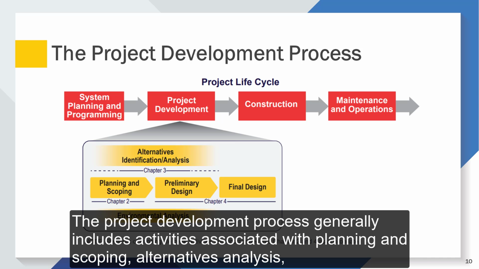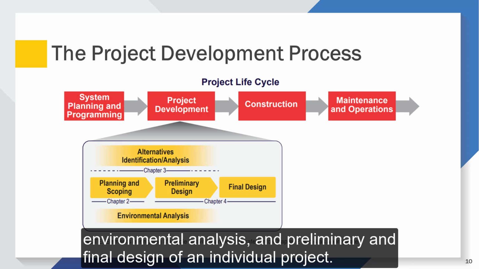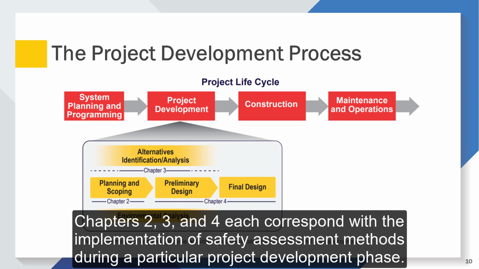The project development process generally includes activities associated with planning and scoping, alternatives analysis, environmental analysis, and preliminary and final design of an individual project. Chapters 2, 3, and 4 each correspond with the implementation of safety assessment methods during a particular project development phase.